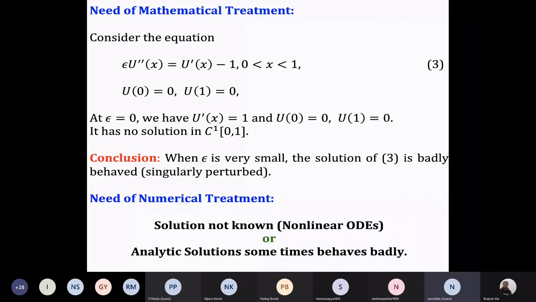What I am saying is, even if the exact analytical solution is known, it may not be of use to us. So we have to depend on computational or numerical techniques.